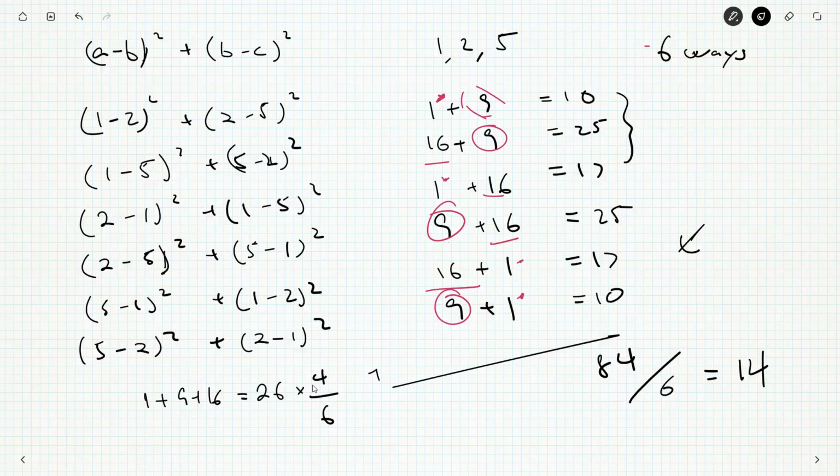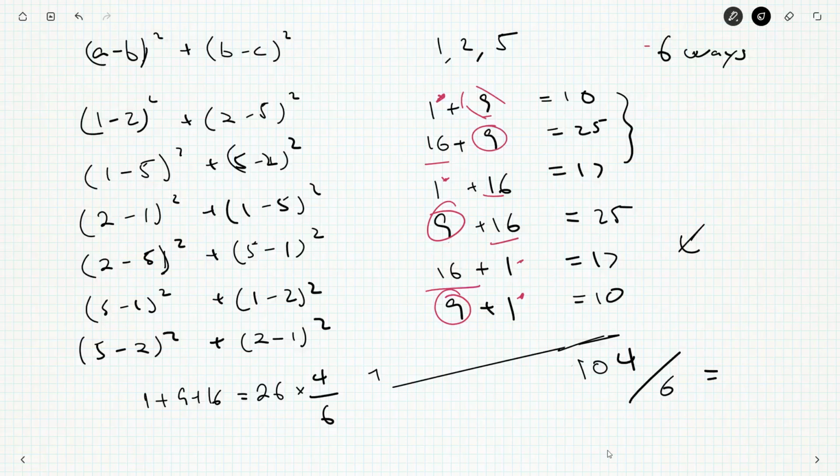There we go, it's 104. Oh, it's 52. I said 42 times 2, and I did 42 times 2. It's actually 52 times 2 that we want. And this is not a multiple of 6, but it doesn't really matter.